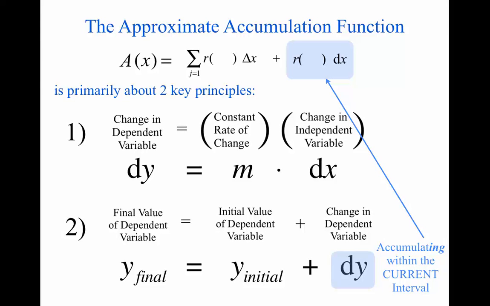So y initial is everything that's accumulated in the completed intervals, and dy is what's accumulating as dx changes through the current interval. So dy is adding on to that y initial. We have accumulation within the current interval, and that's the change that we're adding to all the accumulation we had before for the completed intervals, y initial.